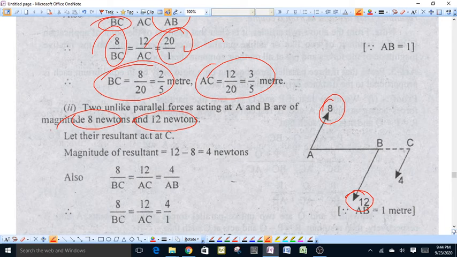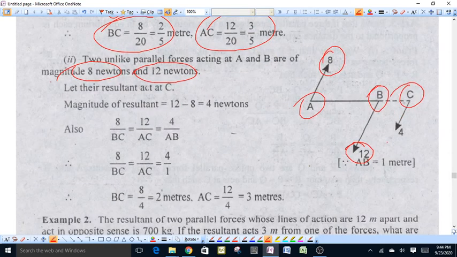Because the magnitude of the second force which acts at point B is greater than that of the force which acts at point A, their resultant will act at a point C on the rigid body, whose magnitude will be equal to 12 minus 8, equal to 4 newtons.